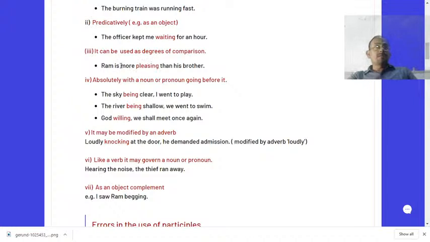If more is used before the participle, it is the comparative degree, and if most is used, then it is the superlative degree. So you understood, the third use is the use of present participle as degree of comparison.